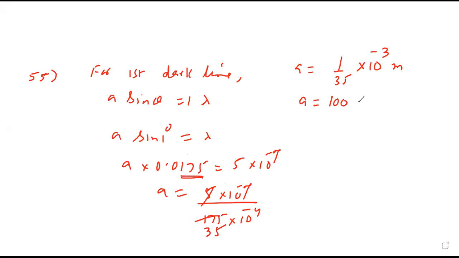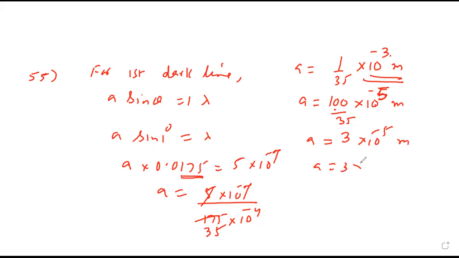You can write this as 100 into 10 raised to minus 2 upon 35, which is 10 raised to minus 5, that many meters. So this is close to 35 into 3 into 10 raised to minus 5 meter, which is 3 into 10 raised to minus 3 in centimeter.